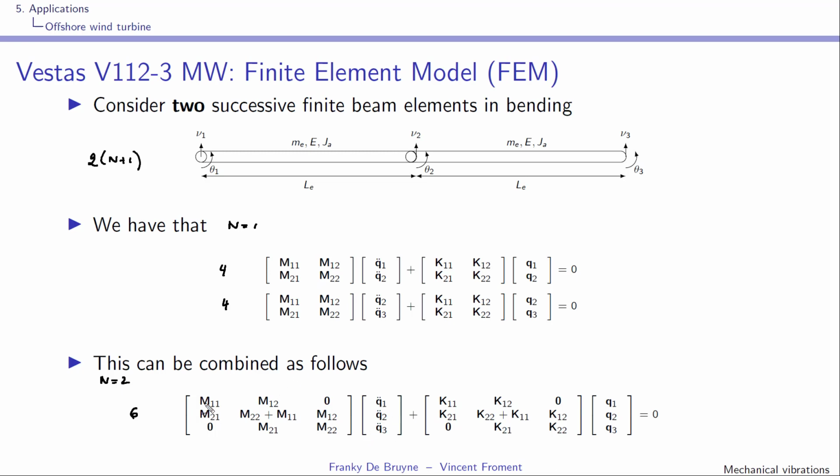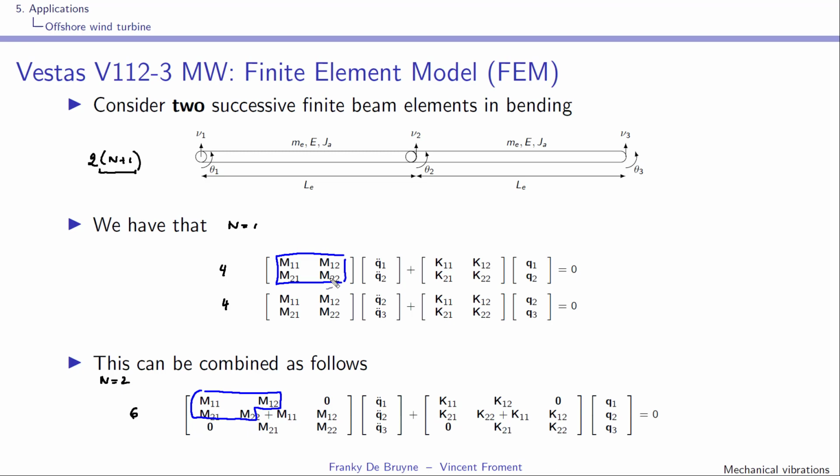And to write the global description, you make a matrix full of zeros of dimension 2 times n plus 1, and then you stack the matrices corresponding to one finite element in the matrix. You can see this over here. Here we have this matrix, this is the first one. You see it appearing over here.